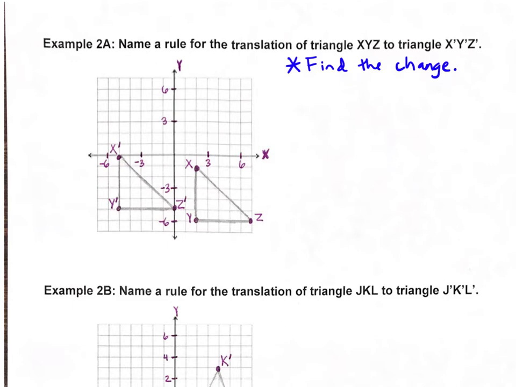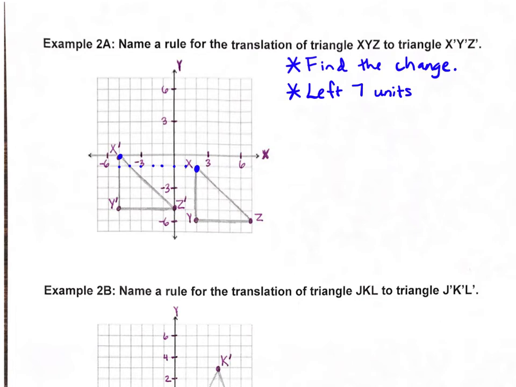We could count and see what it did going from left or right. From X to X prime, it moved left. So let's see, it moved left how many places? From X, let's start counting. 1, 2, 3, 4, 5, 6, 7 units left.